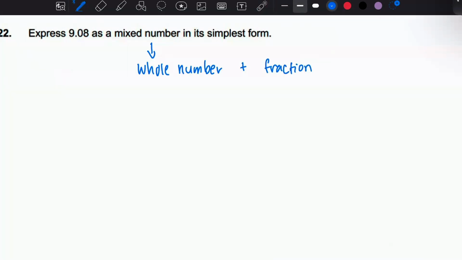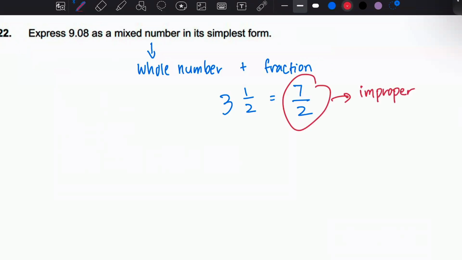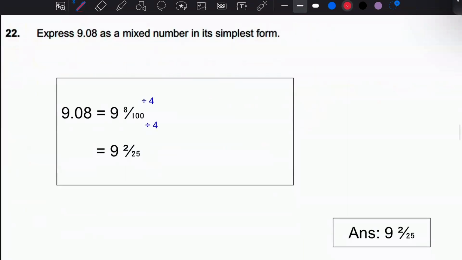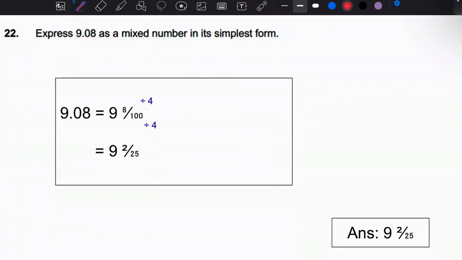For example, 3 wholes, 1/2. This is a mixed number. Is 7/2 a mixed number? No, 7/2 is not a mixed number. This is an improper fraction.